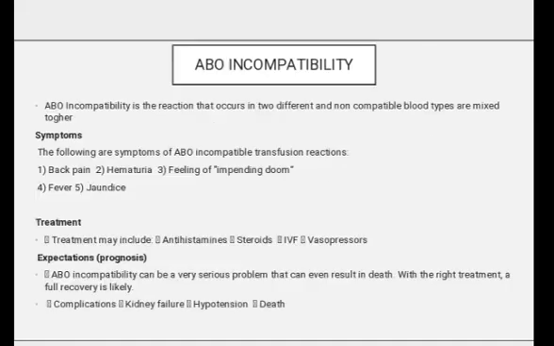Now, what is ABO incompatibility? ABO incompatibility is a hemolytic disease of the newborn. Maternal IgG antibodies with specificity for the ABO blood group system pass through the placenta to the fetal circulation, where they can cause hemolysis of the fetal RBCs, which can lead to fetal anemia.